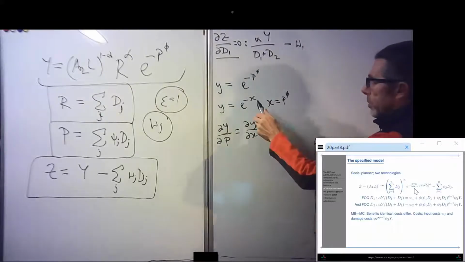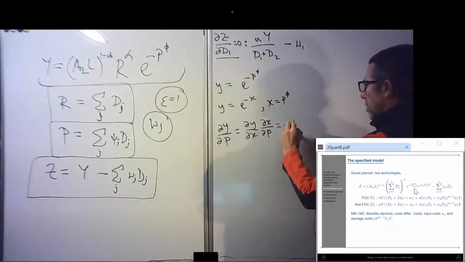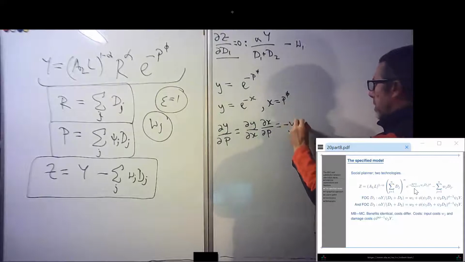Okay, so dy by dx is minus y, isn't it? And dx by dp is phi p to the phi minus 1.